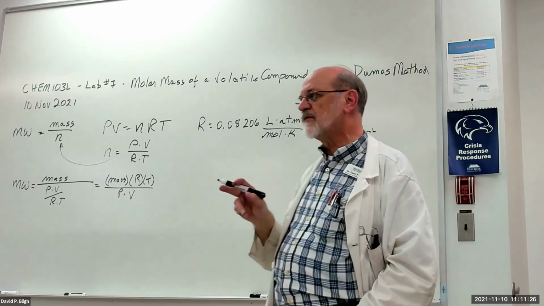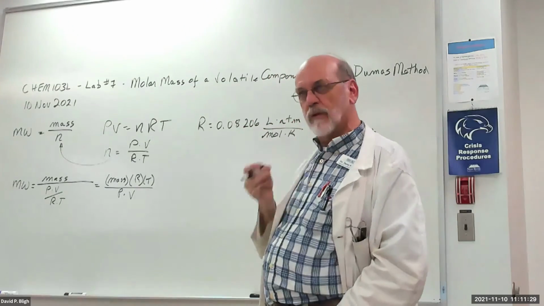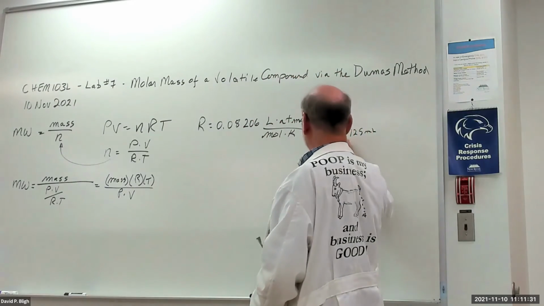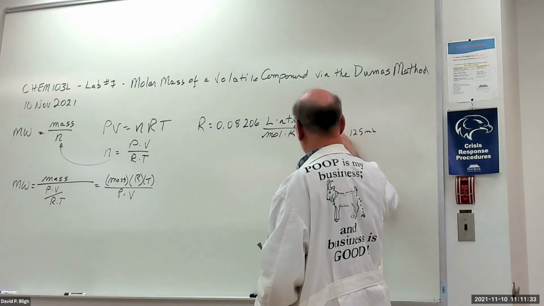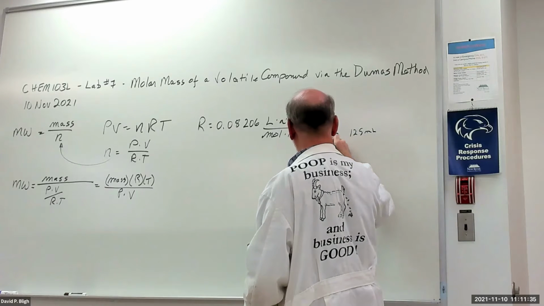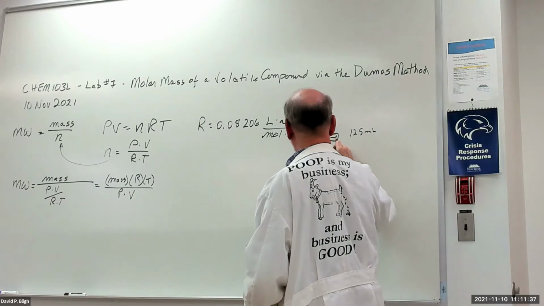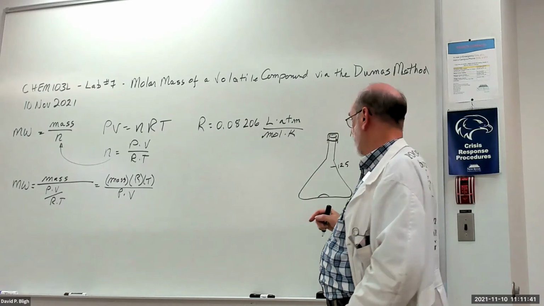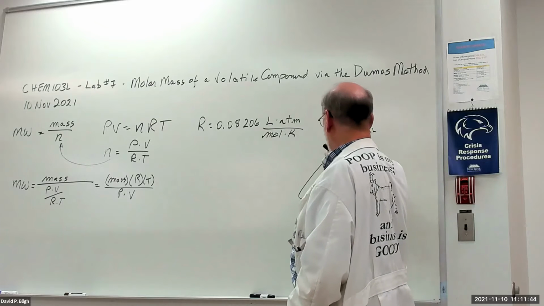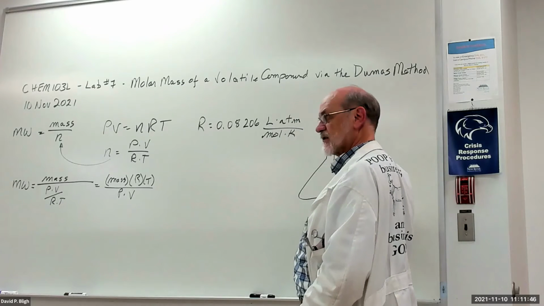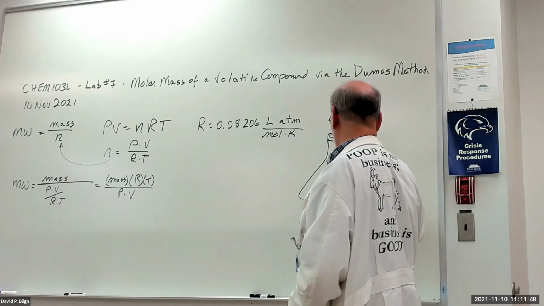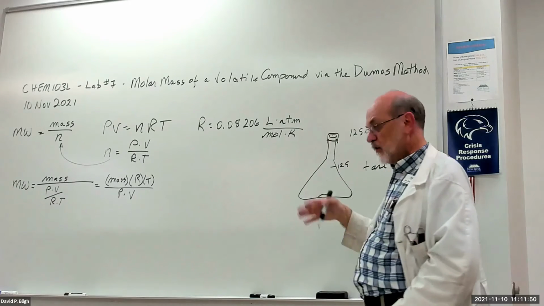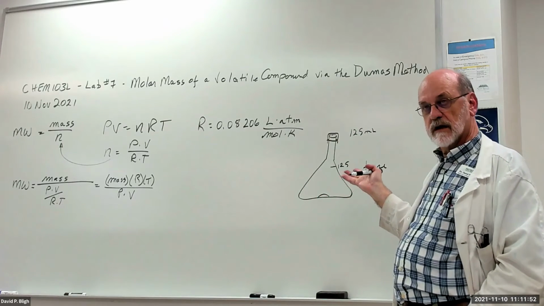Actually, you're going to have two aluminum foil caps. Why do we need two? One of them is going to go on like this with a copper twisty on it. That copper, that aluminum, and this flask together are the tare weight. That's without your compound.